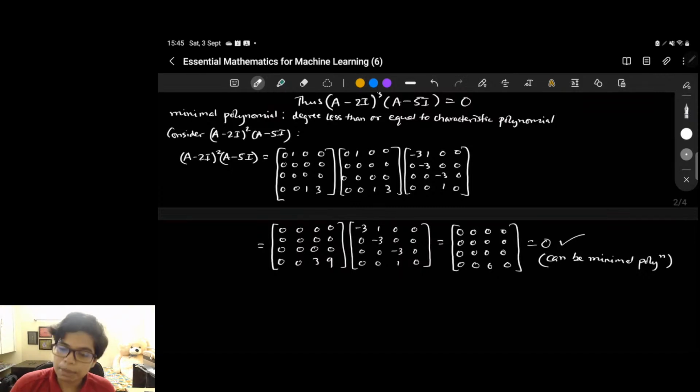Remember, the minimal polynomial is the polynomial which has the least degree, wherein putting in A and the identity matrices, you get 0. So we can still reduce the degree one more. So let us consider reducing one more degree, A minus 2I times A minus 5I.